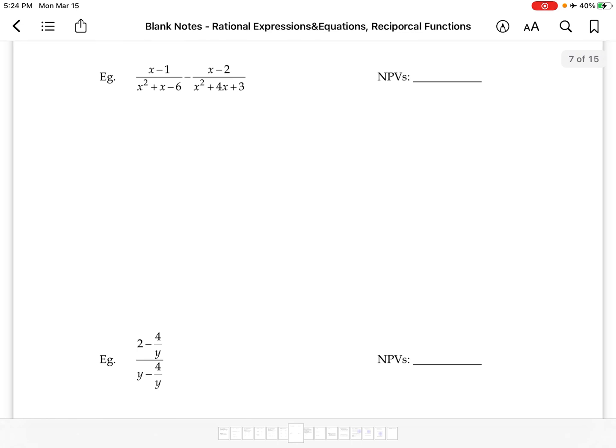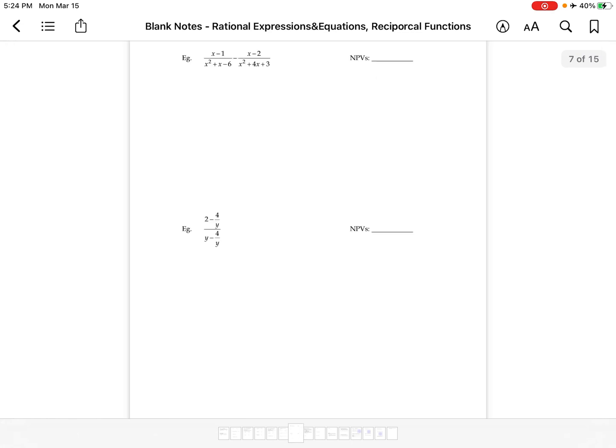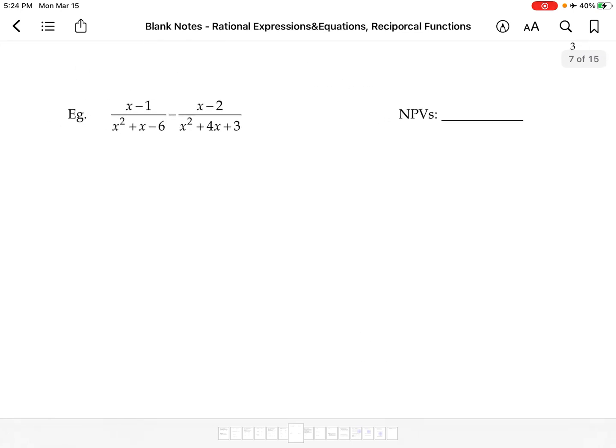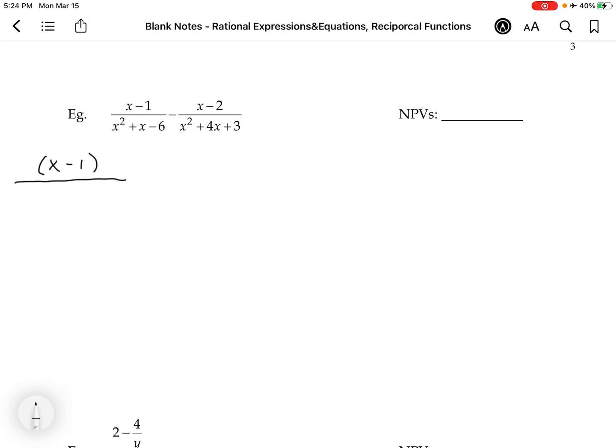All right, factoring first. For the first denominator, we're looking for two numbers that multiply to -6 and add to 1, because the coefficient of x is 1.